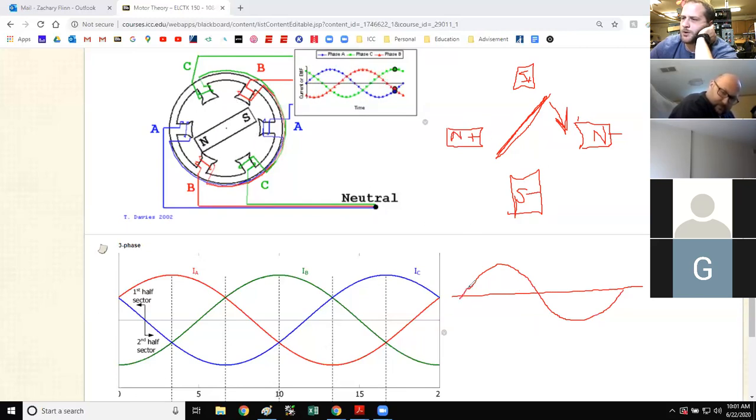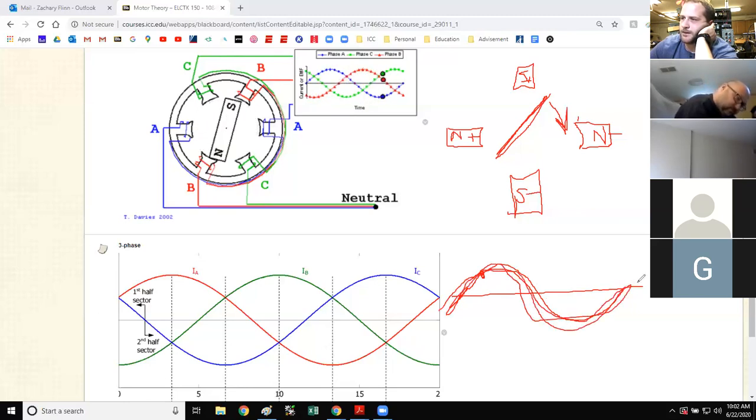As we're approaching the North Pole, let's call it right here, we're also pushing away from the South Pole, if that makes any sense. But the current reverses itself automatically with alternating current, right? So you don't have to worry about that commutator.